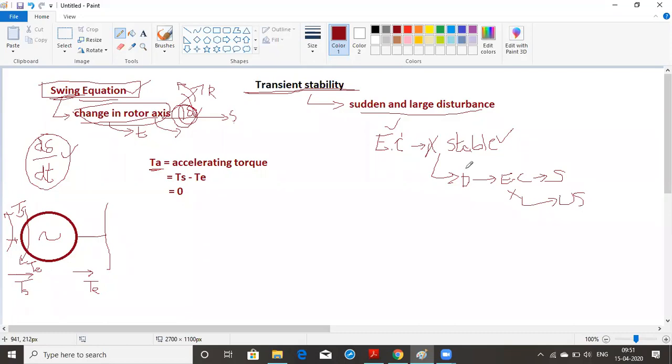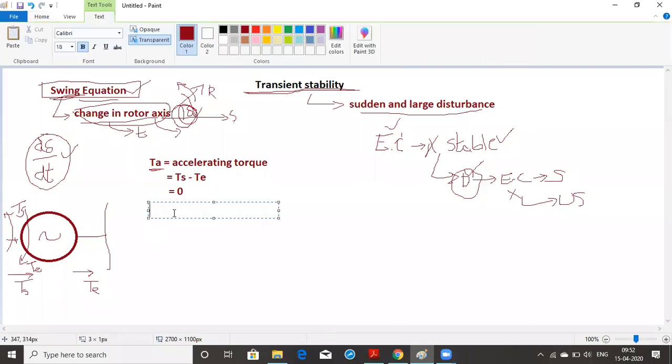So stable or unstable depends on the type of disturbance. If there is no disturbance, it continuously works at equilibrium. But in power systems this is practically impossible, because there will always be many disturbances. So the accelerating torque is 0 if there is no disturbance, but practically it is not possible.